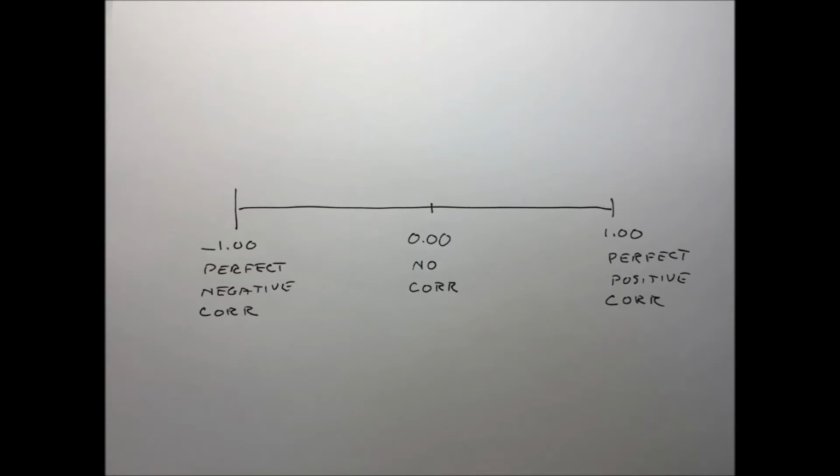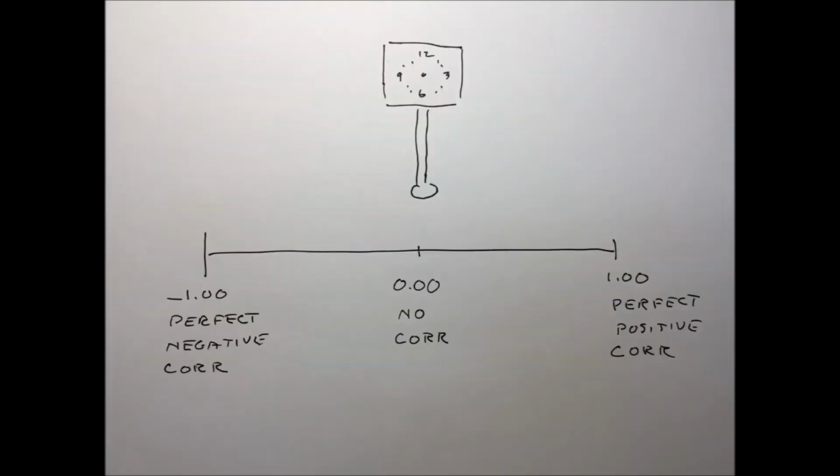Let's just take that curved line and flatten it out. And 0 in the middle is no correlation. You could swing to the left to minus 1.0, perfect negative, or to the right to perfect positive. Remember, you cannot go less than minus 1 or greater than plus 1 if the arithmetic was done correctly. Okay, let's put the clock back in. That way we can sort of follow through on how we're looking at this.